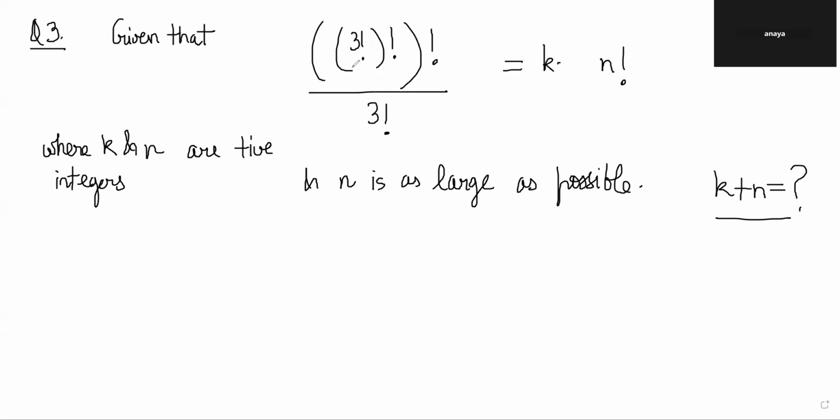It is 6 factorial, which is 720 factorial technically. 720 factorial divided by 3 factorial is equal to k into n factorial.